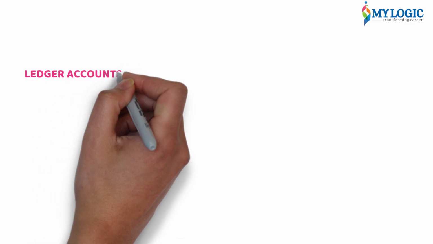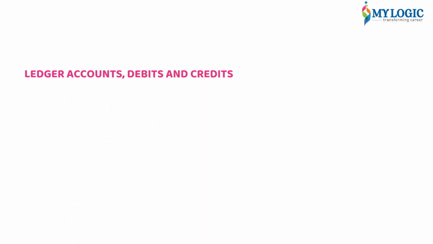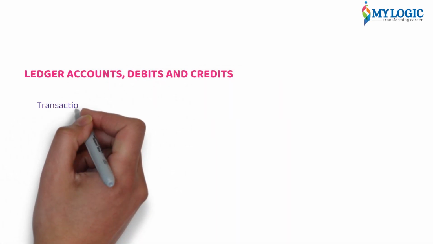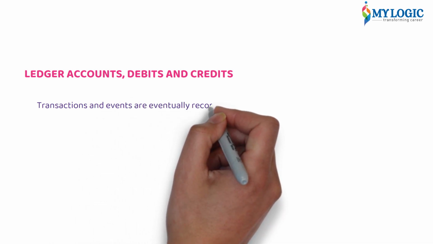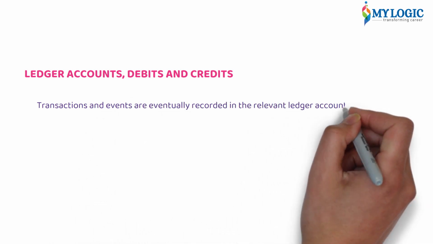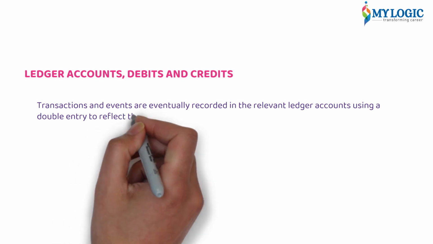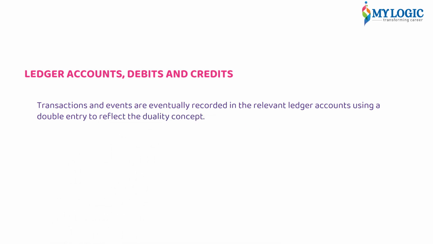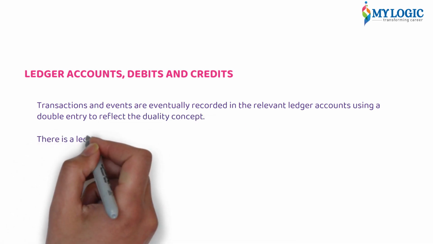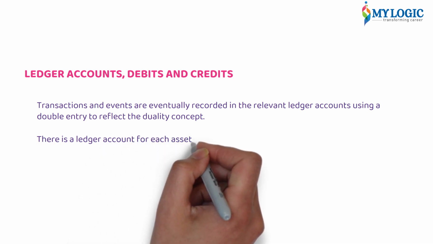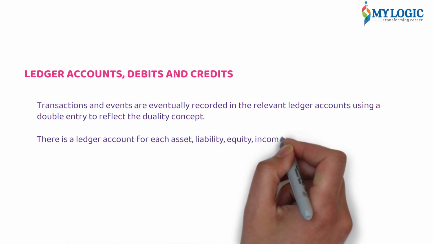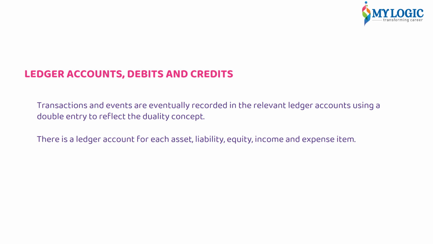Ledger accounts, debits and credits. Transactions and events are eventually recorded in the relevant ledger accounts using a double entry to reflect the duality concept. There is a ledger account for each asset, liability, equity, income, and expense item.